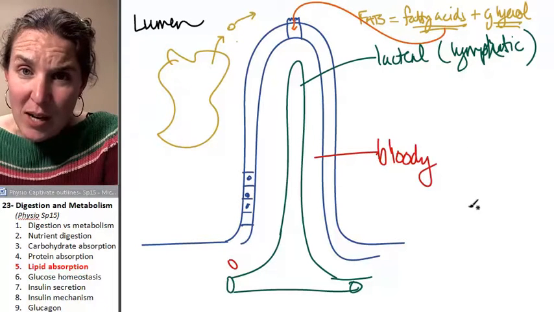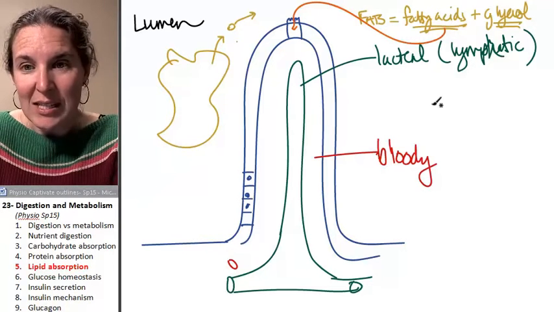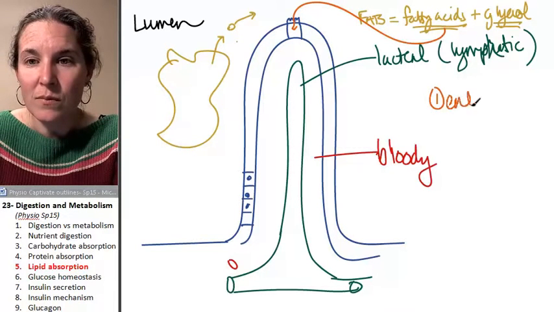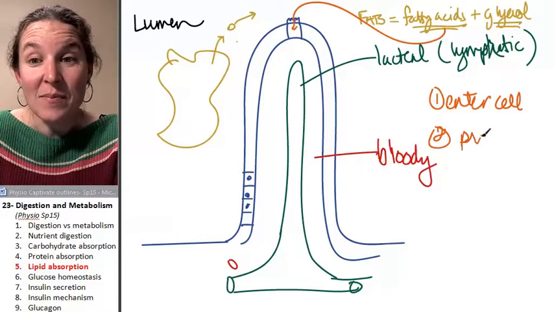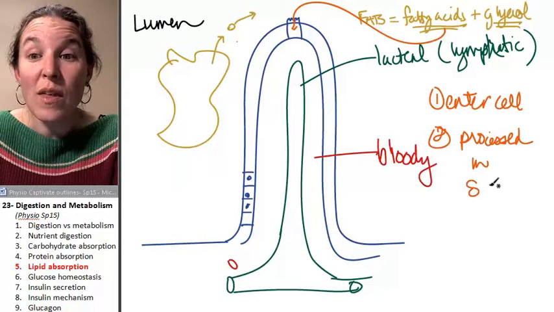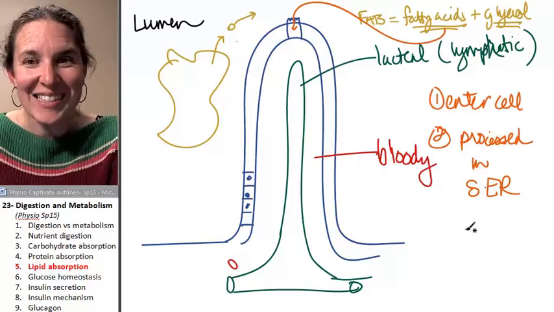They do need to be processed. So fatty acids diffuse into the cell. They're processed in the smooth endoplasmic reticulum. Remember, that's where we process fats.